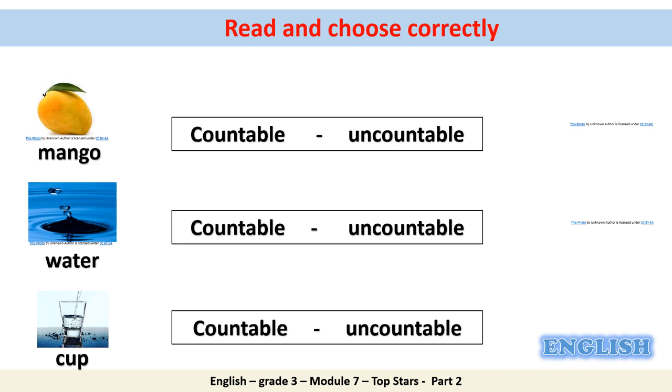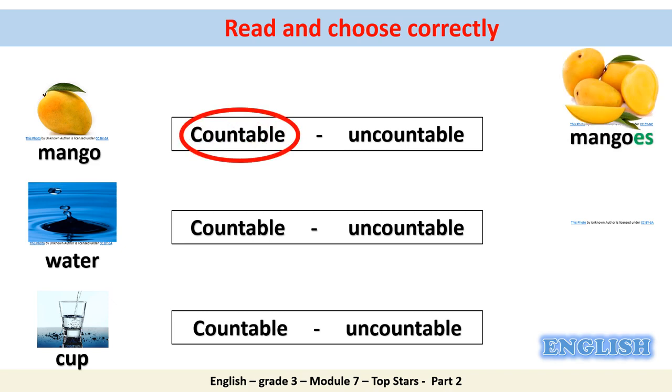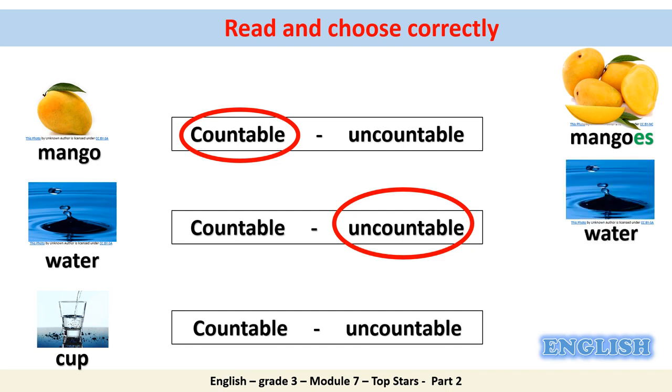Number 1. Mango. It is a countable noun. Very good. I can say, I can see 4 mangoes. Number 2. Water. It is an uncountable noun. Amazing, because I cannot count the water.